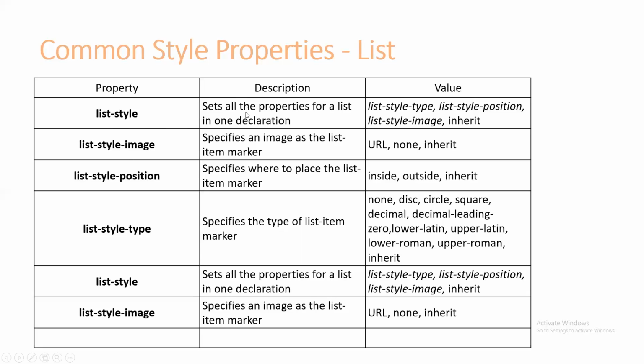List style will set all the properties. Here we can use type, position, image, and inherit. Then image: here we can use an image instead of special characters like square, circle, or number. We use special images for the list items.